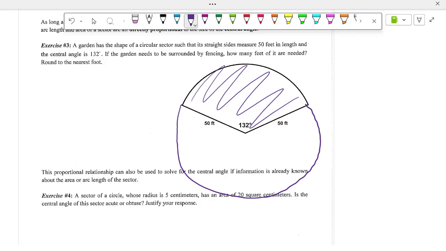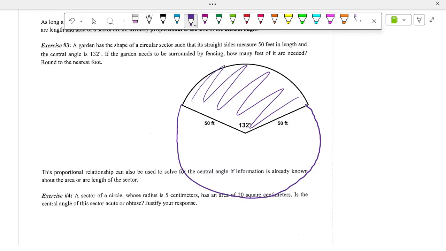But read carefully to see what they want, because that will dictate whether you need to find the arc length or the sector area, whether you need to find the circumference or the area of the circle. I'll give you a hint.